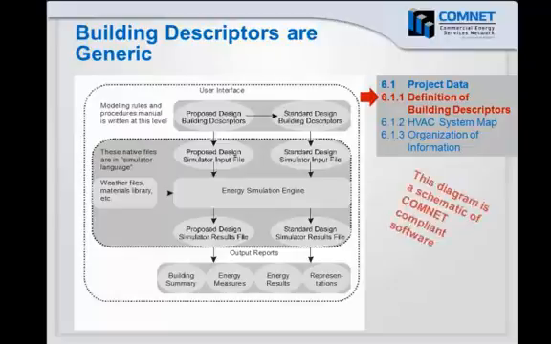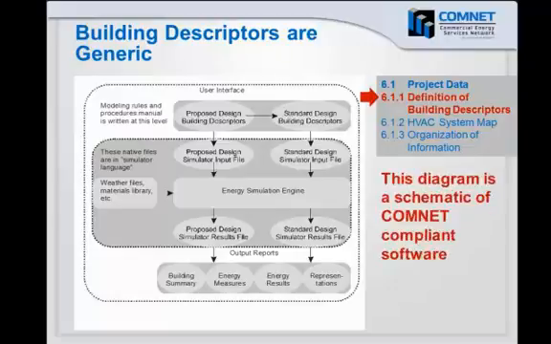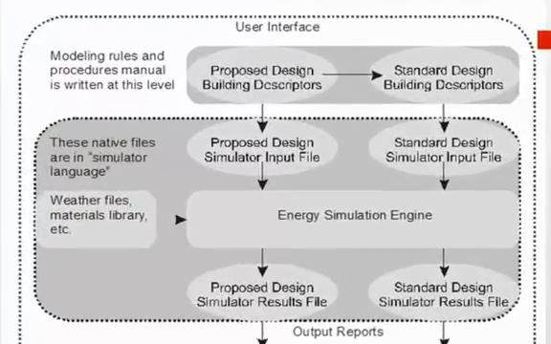So what this diagram shows is really a schematic of what COMNET compliant software would look like. The building descriptors are defined in terms of both the proposed design or the rated building and the standard design, or what we're calling mostly the baseline building.